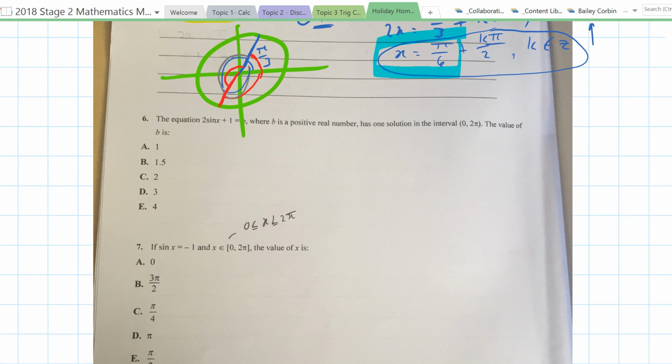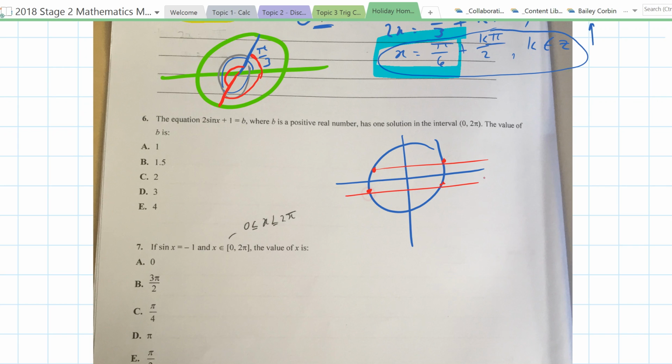Alright. The equation 2 sine x plus 1 equals b, where b is a positive real number, has one solution in this interval. Alright. So for sine, it almost always has two solutions. Because if you think about there being a solution of sine, well, there's the same level over there. Here, there's the same level over there, etc. So what it's saying is here, there's only one solution.